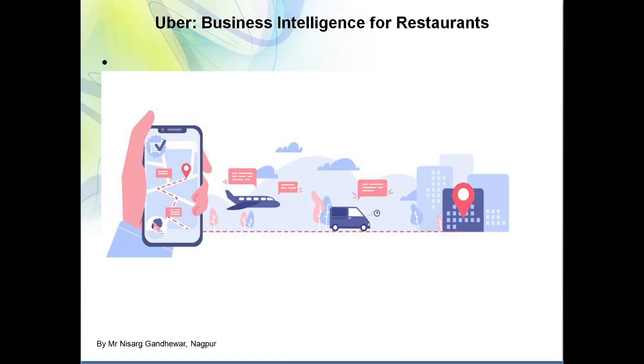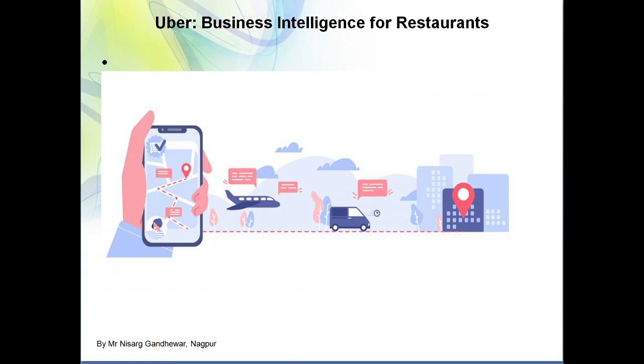Then we talk about business intelligence for restaurants, as well as BI for various taxi services such as Uber and Ola. They are also facing a lot of issues during this corona pandemic, because nobody wants to travel by public or private transport; they want to use their own vehicle.